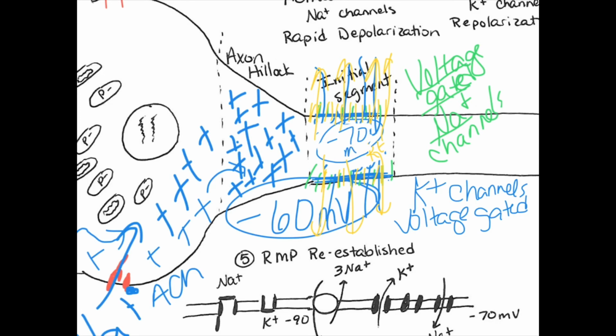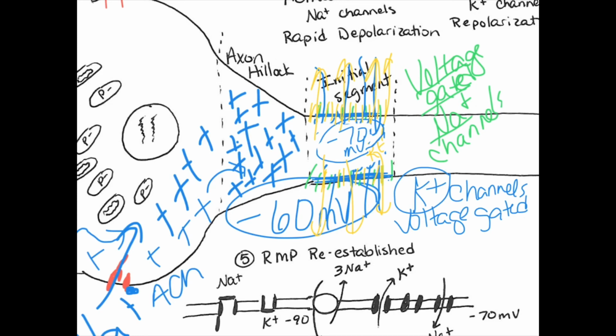And so it's down at -70. At -70, then something else happens. Potassium channels are also sensitive to -70. So when this initial segment hits -70, the potassium channels start to close.